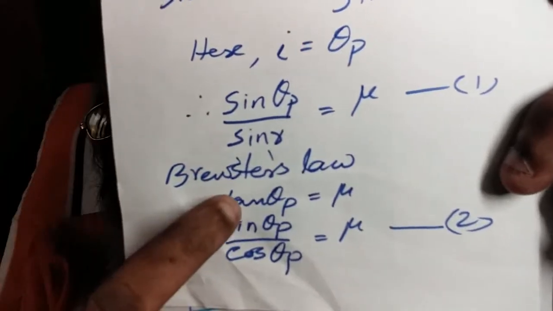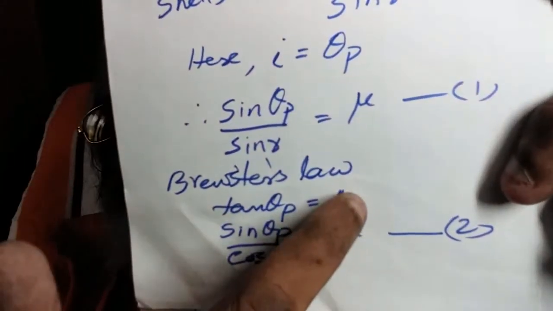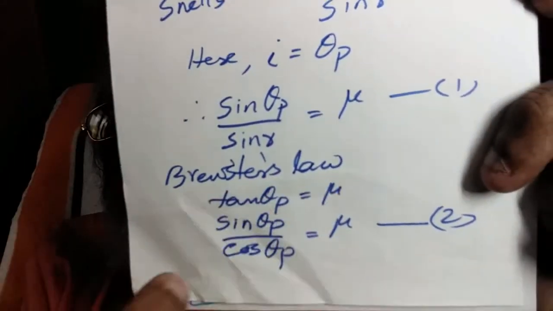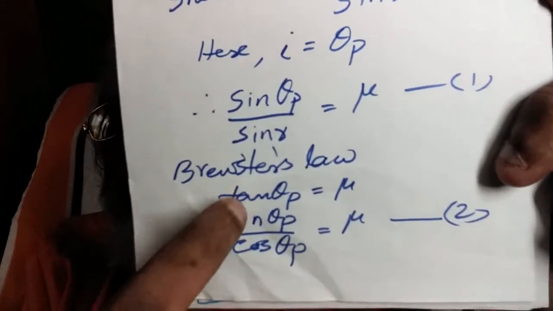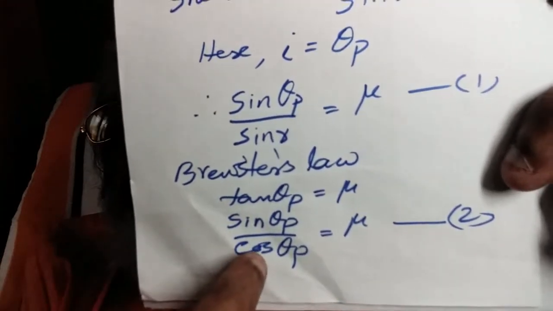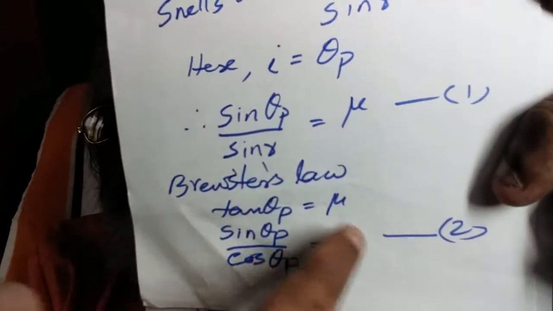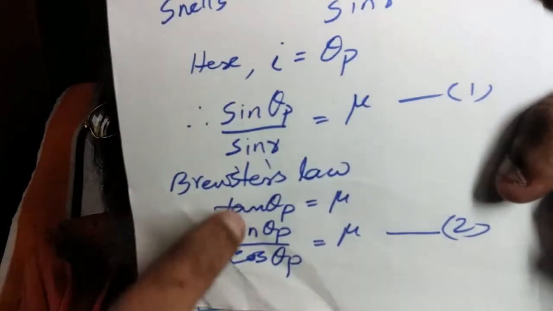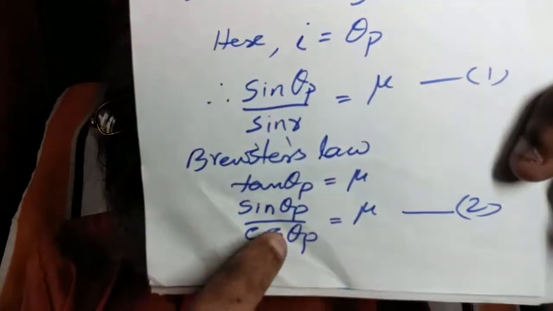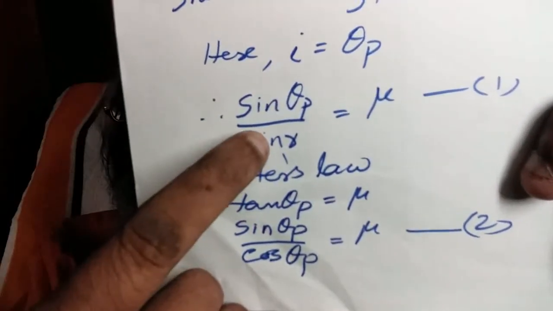But tan theta p equals mu, Brewster's law. Tan theta p is sin theta p by cos theta p. That is equal to mu. Equation number 2. You can equate these two equations, these two sides. Then you get sin r equals cos theta p.